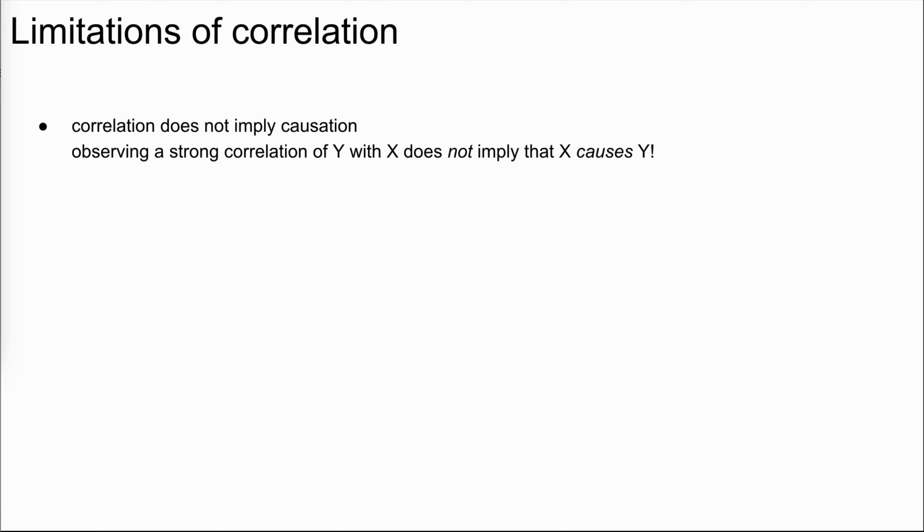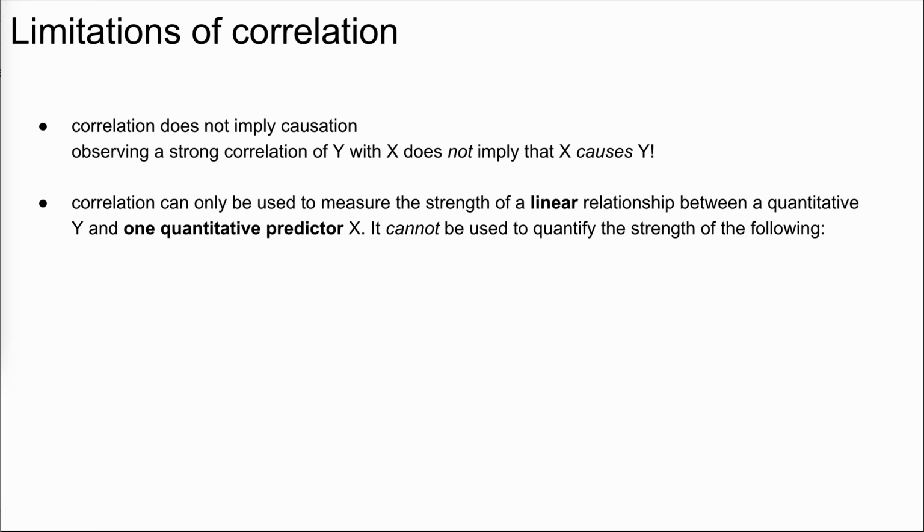In closing, I want to emphasize some limitations of correlation. First, correlation does not imply causation. That is, observing a strong correlation of response variable y with predictor x does not imply that x causes y. Second, correlation can only be used to measure the strength of a linear relationship between a quantitative y and one quantitative predictor x.